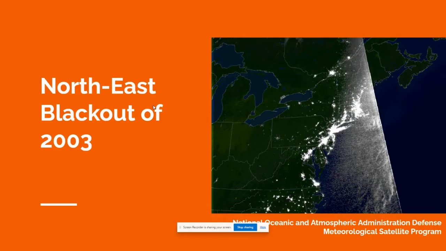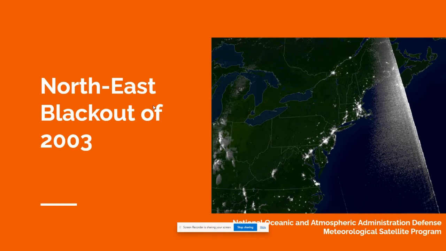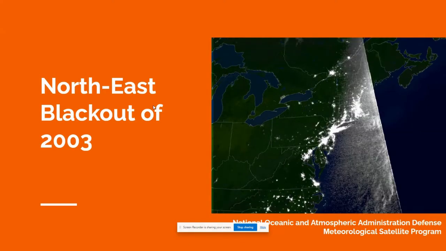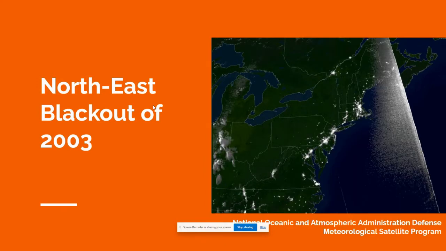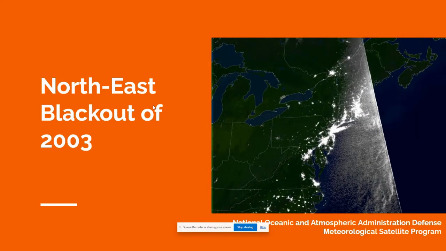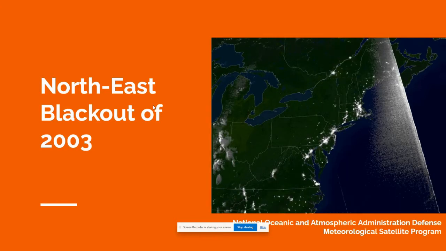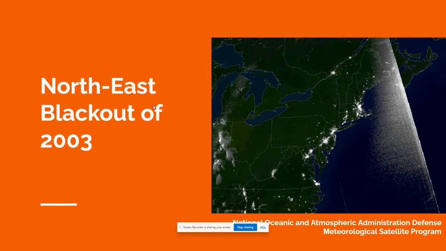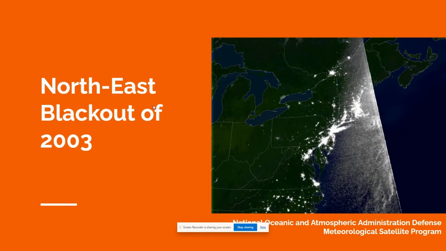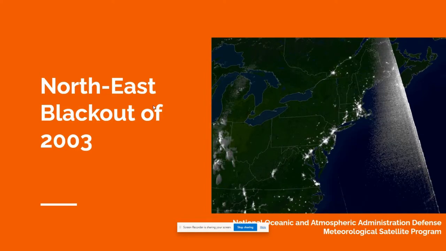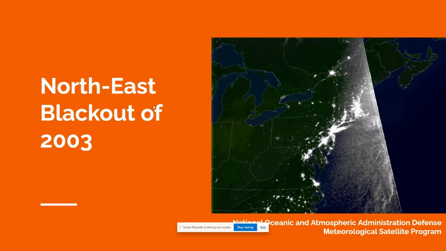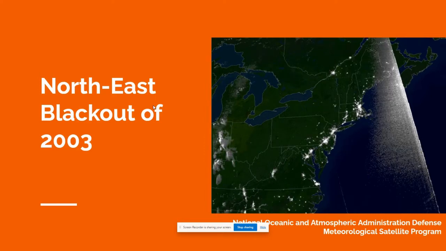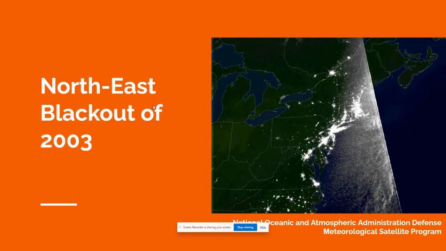So one of the most famous incidents of a race condition issue causing massive havoc is the Northeast blackout of 2003. Essentially, this was one of the largest power blackouts in the history of North America, and this affected both Northeast America and Central Canada.